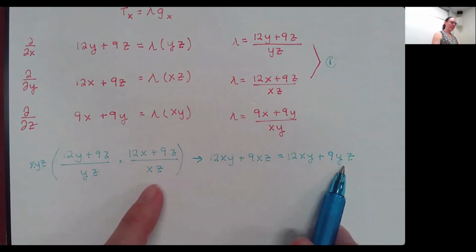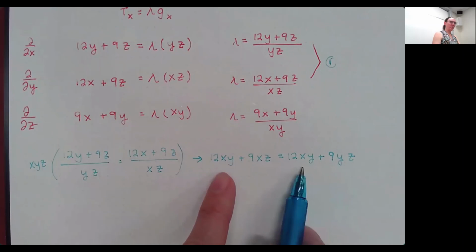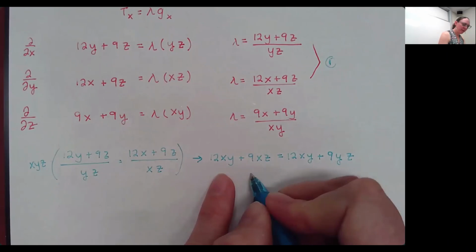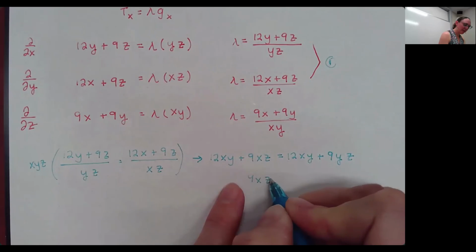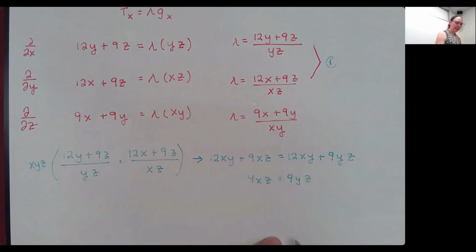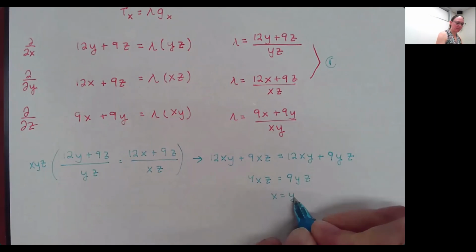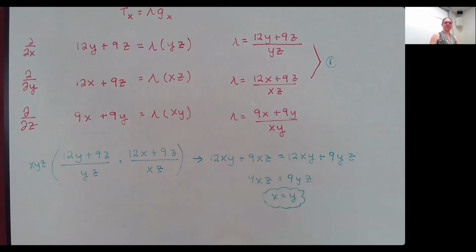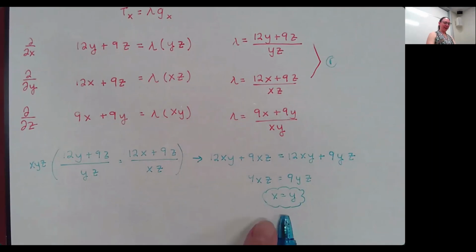Oh, look, 12xy cancels out on both sides. And if 9xz is equal to 9yz, x equals y. Sweet. So I've got one relationship down. I know that x equals y, but I don't know anything about z yet.